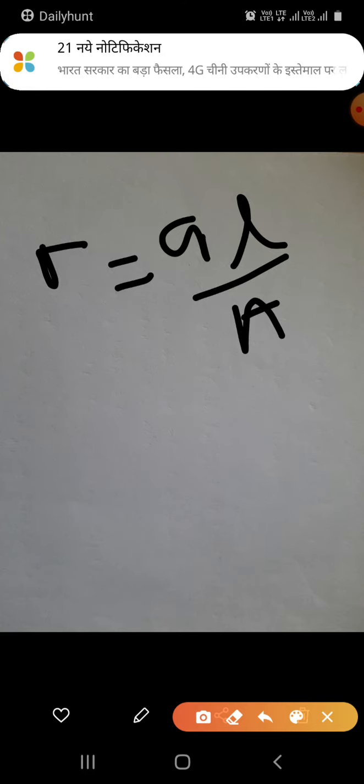You know that G is sigma A by L. If I want to write sigma from that equation, sigma is G L by A. In the place of G, the unit is Siemens, the unit of L is meter, and A is meter square.